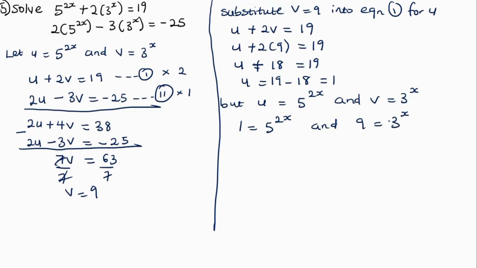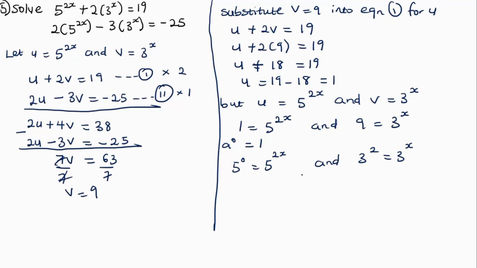Once we have this, we all know from the zero exponent rule that a to the power of 0 is equal to 1. In this case, this is the same thing as 5 raised to the power of 0 is equal to 5 raised to the power of 2x. And 9 can be written as 3 squared, which is equal to 3 raised to the power of x.